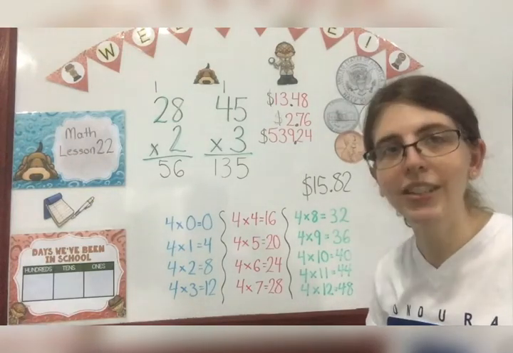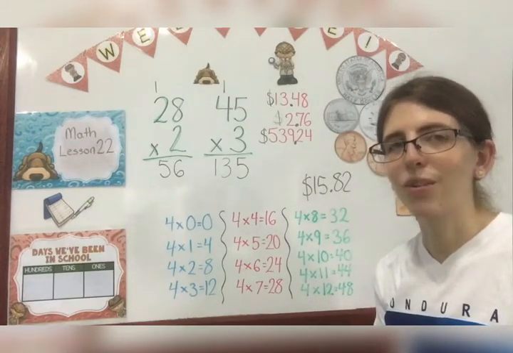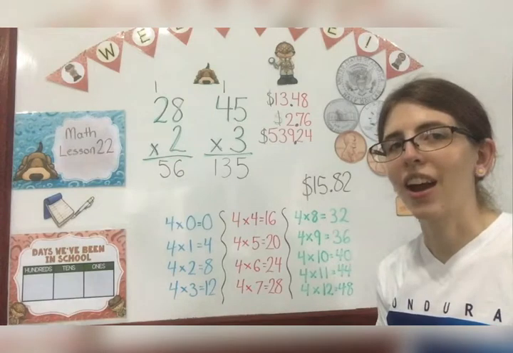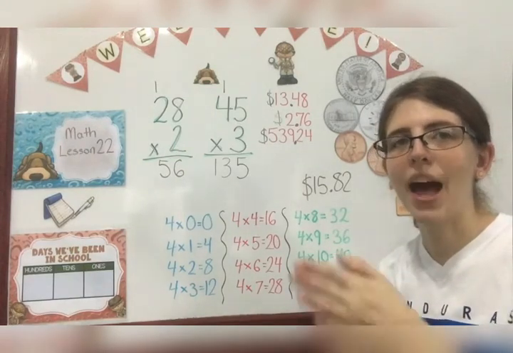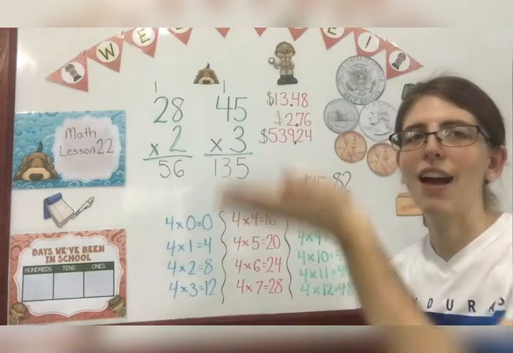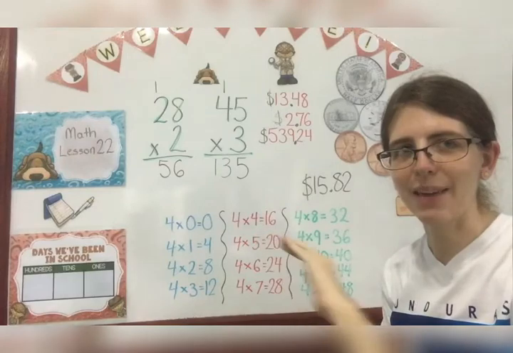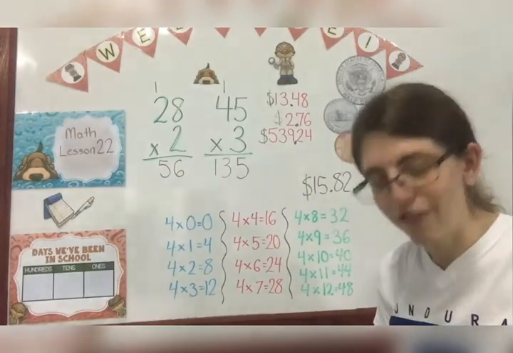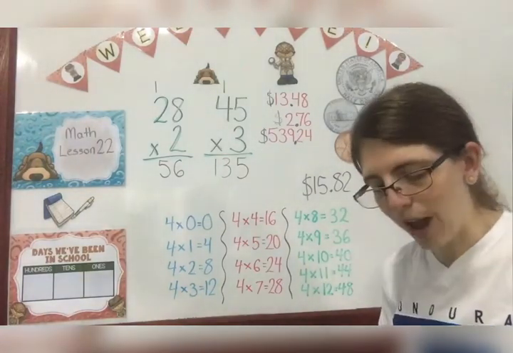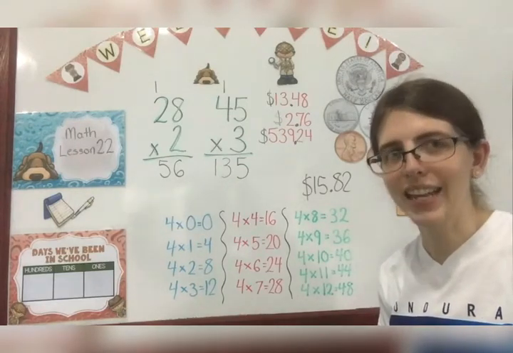Number 8, round to the nearest 10. Remember our rule. Our rule is if your number behind the number you're rounding is 5 or greater, round up. If it's 4 or less, keep it the same. So letter A, 57. I'm rounding to the nearest 10. My 5 is in the tens place.